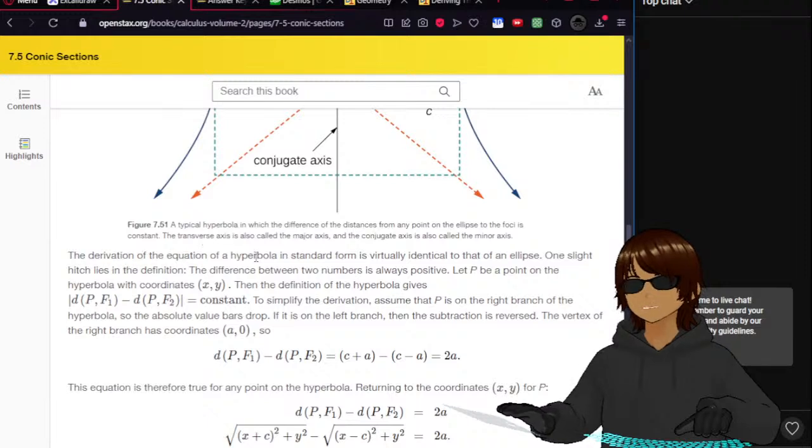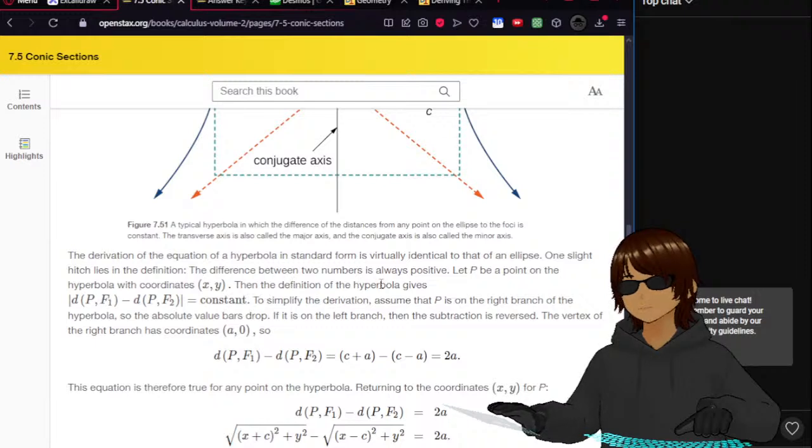The derivation of the equation of a hyperbola in standard form is virtually identical to that of an ellipse. One slight hitch lies in the definition. The difference between two numbers is always positive. Let P be a point on the hyperbola with coordinates x, y.